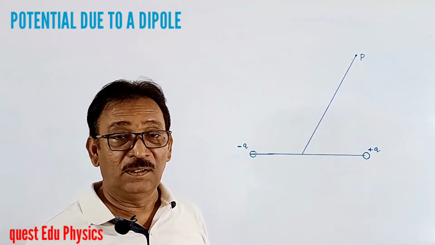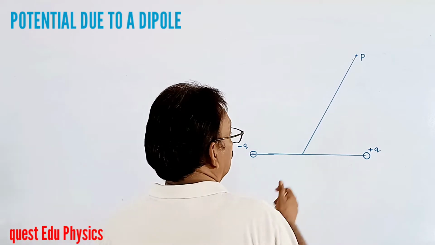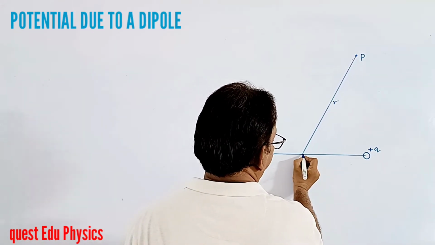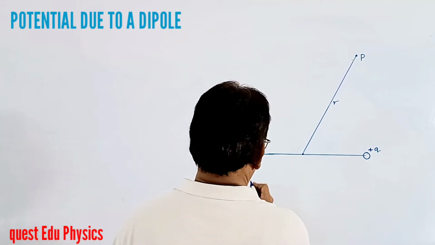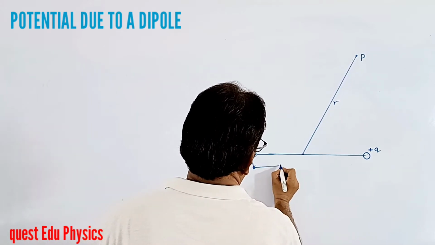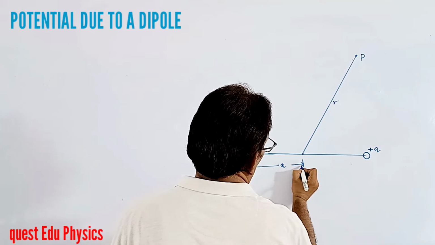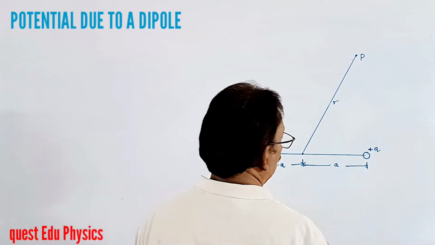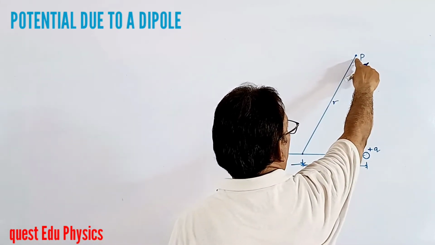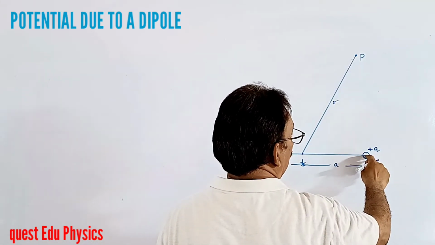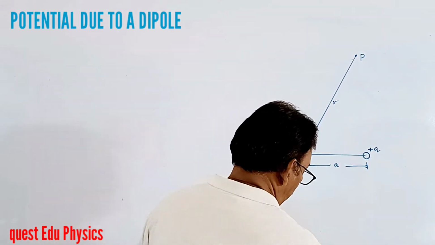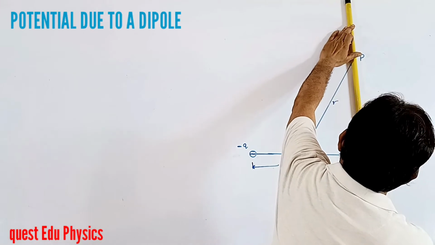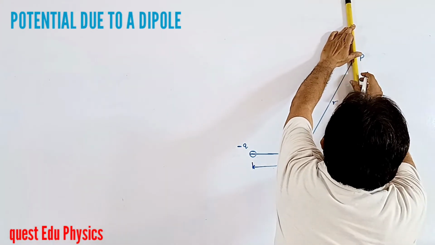Here, this charge is at a distance of r from the center of the dipole. Let's say this distance is a, and here is a. Students, we have to find the potential at point P from this charge to this charge, that's why I'm connecting the two centers.